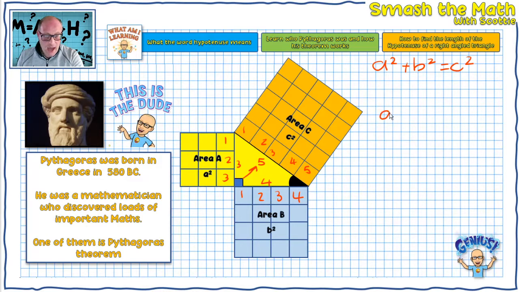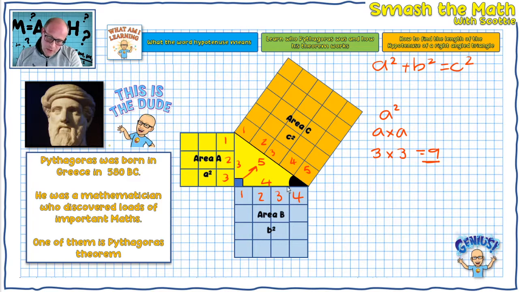If I take a squared, remember squared means a times by itself. We know that here, this side A is 3 centimetres. So I'm going to do 3 times 3, which equals 9. And you can see the square that this side makes up is 9 square centimetres. So we've got 9 there, which represents this 9 here.